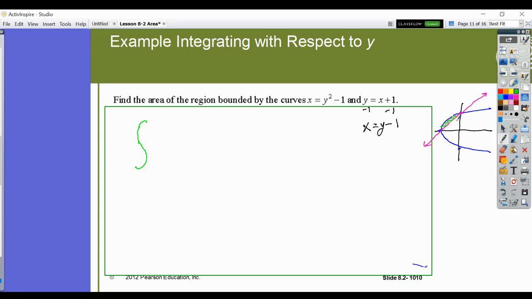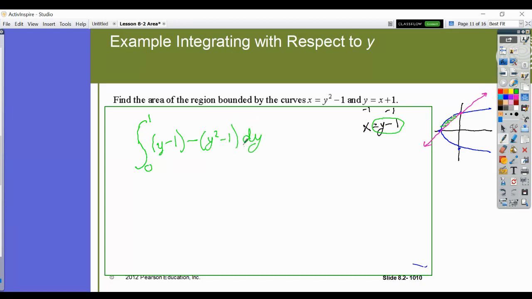Looking at the y-axis, we're going from 0 to 1 of, and the one that's on top is the line minus the one on the right, right minus left. So the line goes first, and my line, as I rearranged it, is y minus 1, minus the other function, which is y squared minus 1, dy.